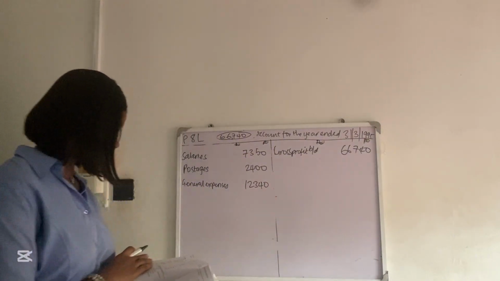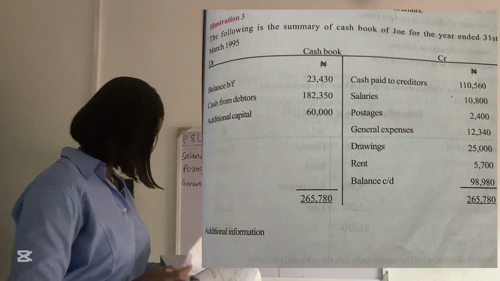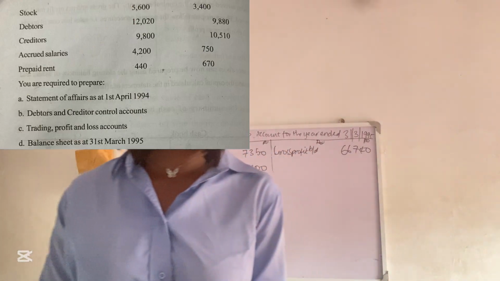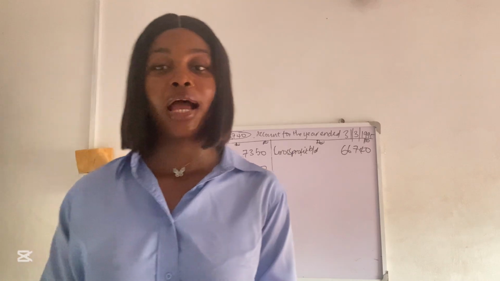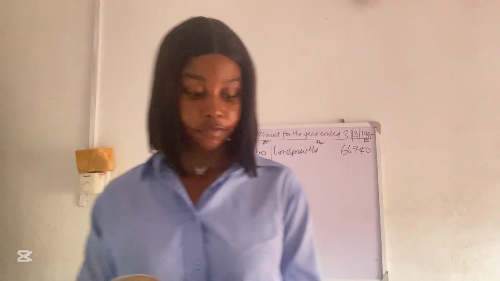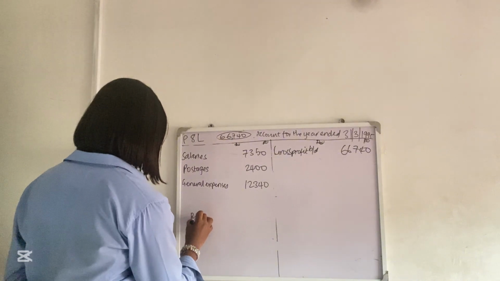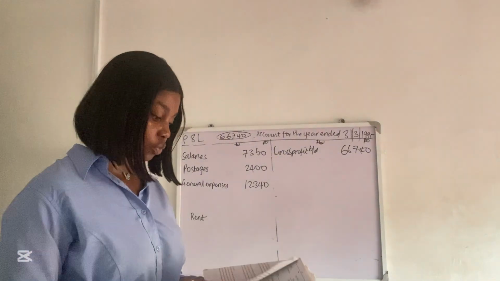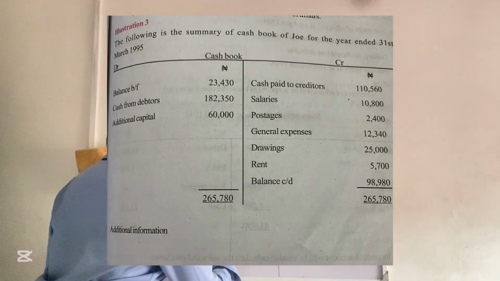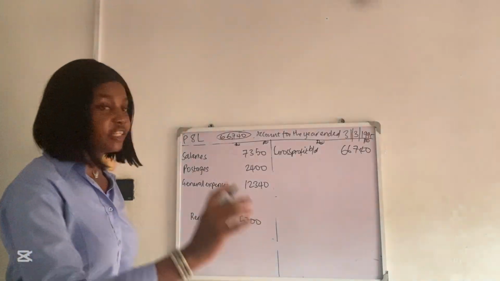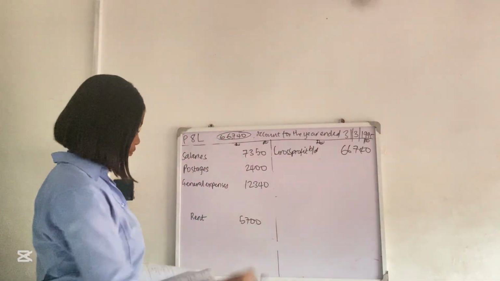Which other additional information? Rent. Our rent is 5,700. Let's go to the additional information. We have prepaid rent. Like I said, you less prepaid of 1995, add prepaid of 1994. Let's do the workings. Our rent in the cash book is 5,700. All this is working to be able to get the figure that will actually be in the P&L.